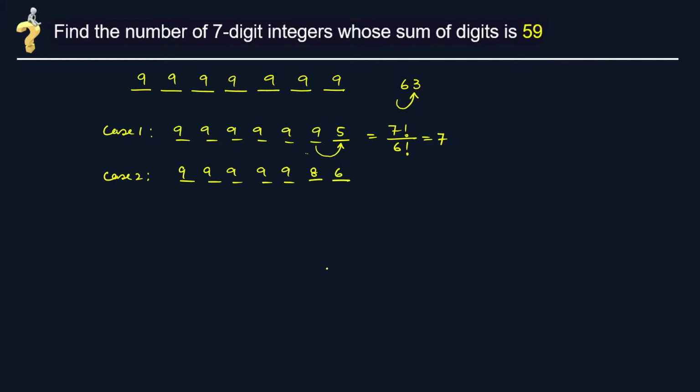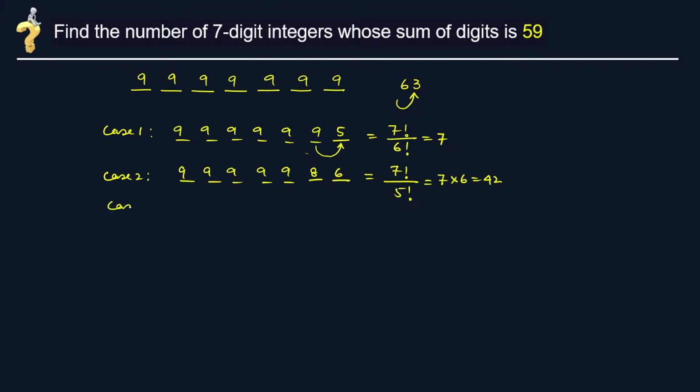Am I correct? Again, the sum of all the digits comes to 59. So what will be the total number of numbers formed by these 7 digits? It will be factorial 7 divided by factorial 5. Why? Because 5 nines are identical. So the total number of such numbers is 7 into 6, that is 42. Am I correct?